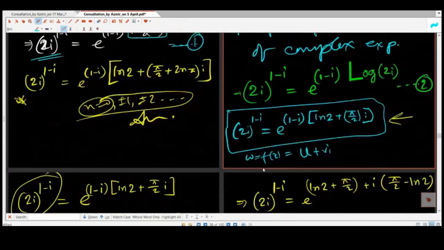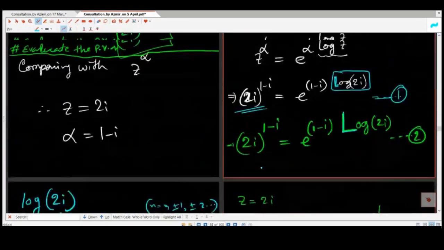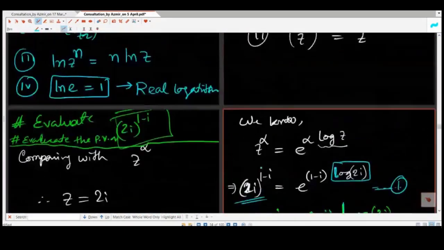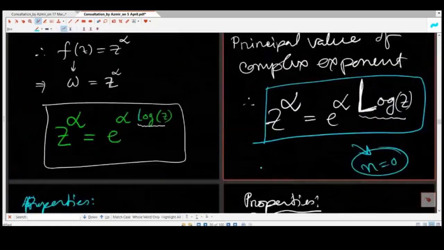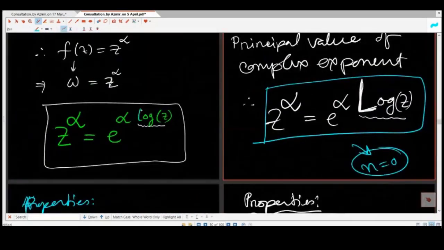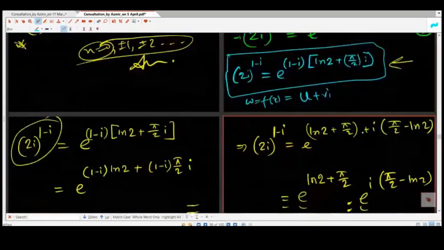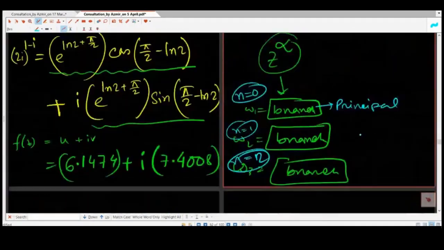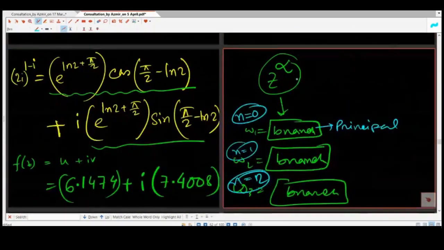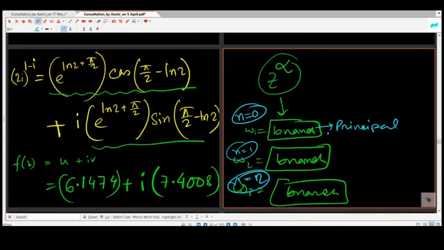So any z to the alpha can be written in this form: e to the alpha times log z or capital Log of z. Just like the logarithmic function, this multi-valued function will be analytic. If we take any branch, that branch will be single valued.